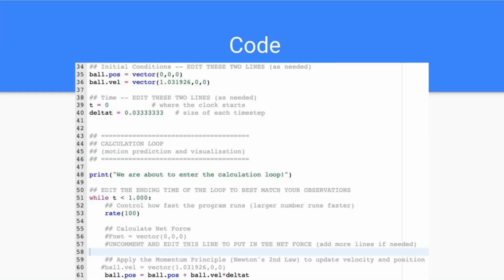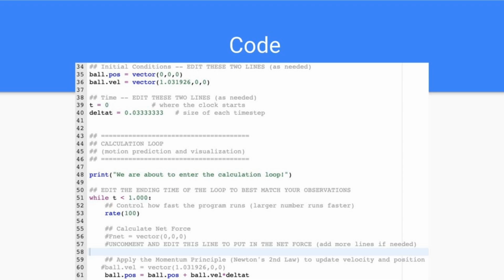In the code here, I did not change the initial position vector; it started at the origin. We found the initial velocity of the ball by taking the average velocity that was found in the experiment.